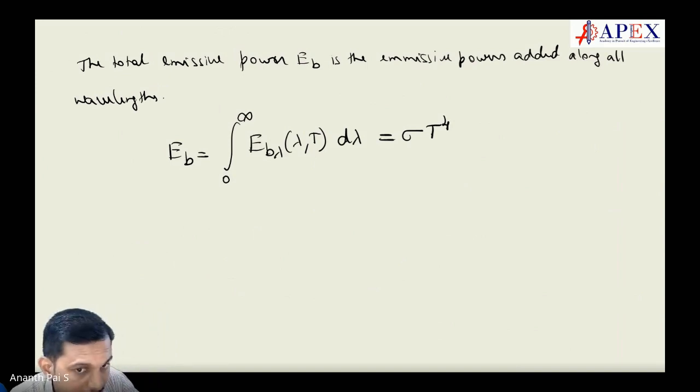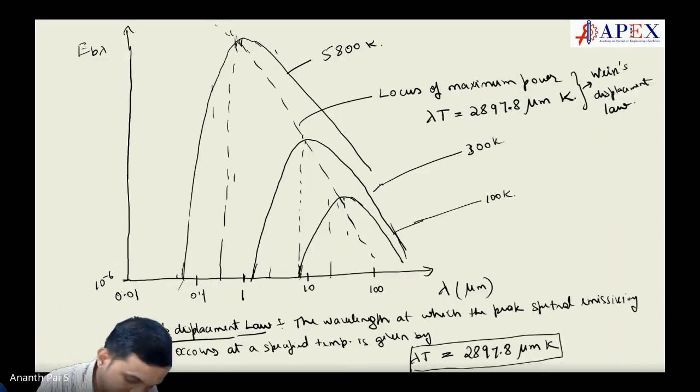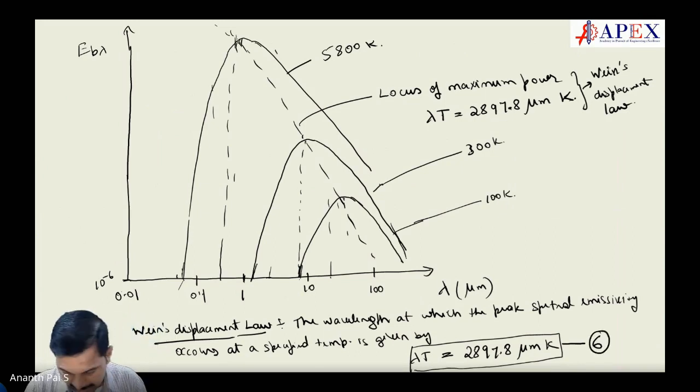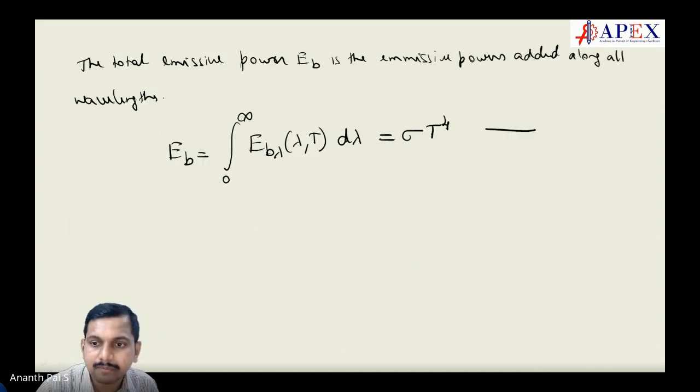For black body only. It's all black body radiation, right? So you say the next equation number. What is the equation we have got? 5 we have got. Wien's displacement law as 6. And then we have this one as 7. Make sense?